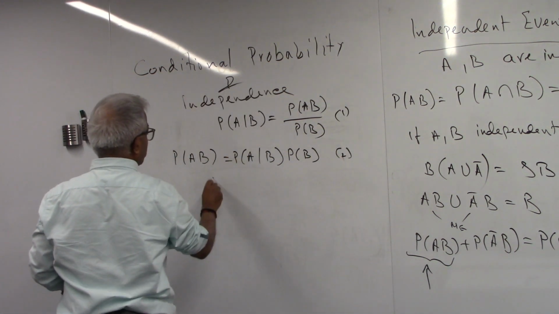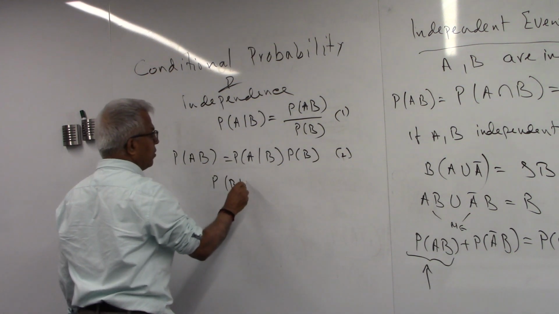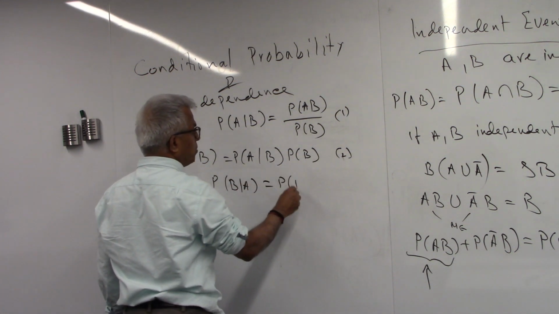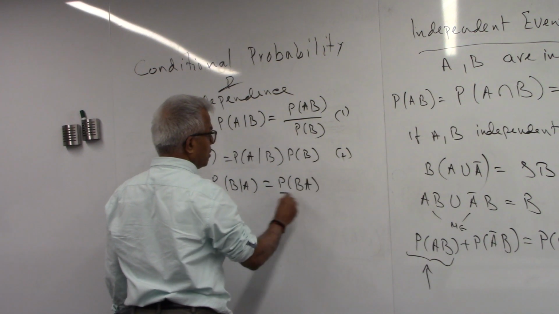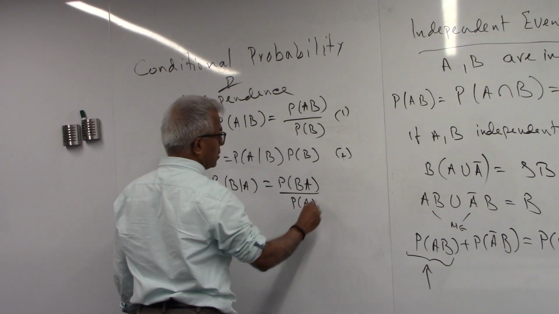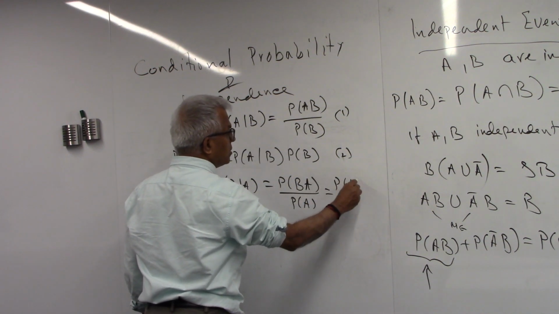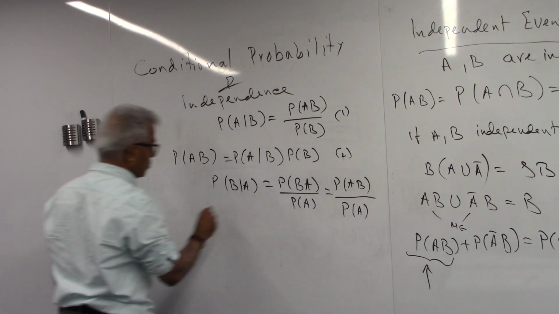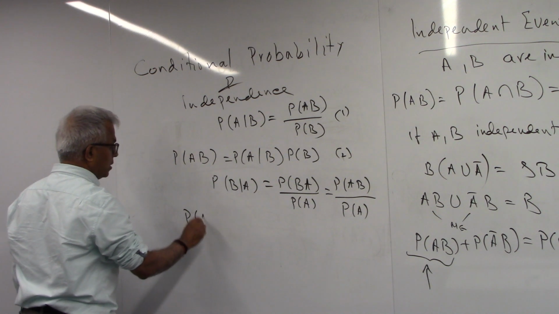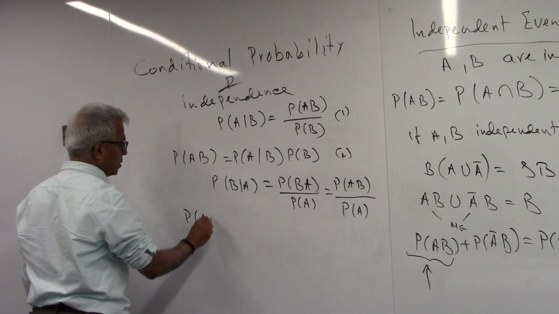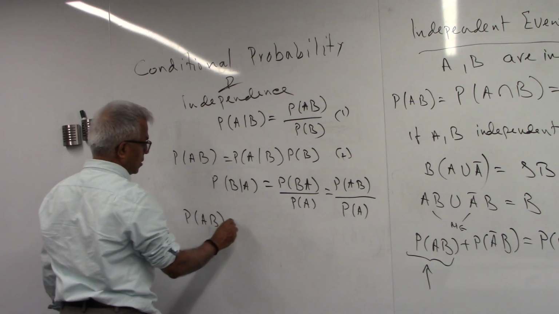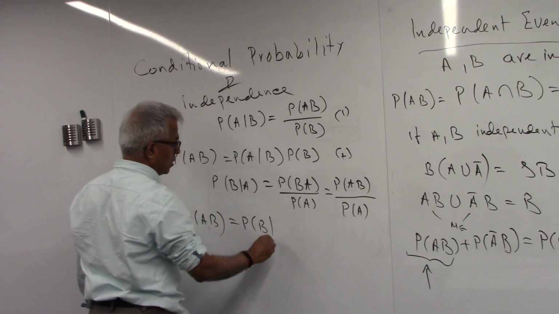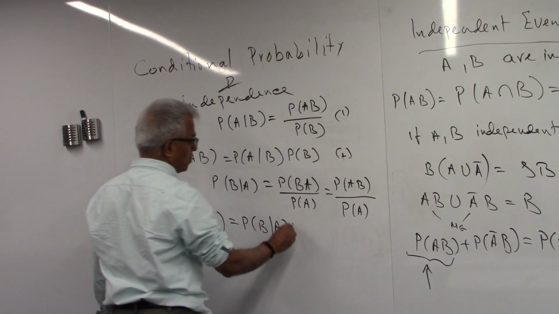So I could write P(B given A) also just by flipping A and B. So this will be P(B∩A), which is the same as P(A∩B), divided by P(A), since A intersection B is the same as B intersection A. But here if you cross multiply, you get P(A∩B) is P(B given A) multiplied by P(A).